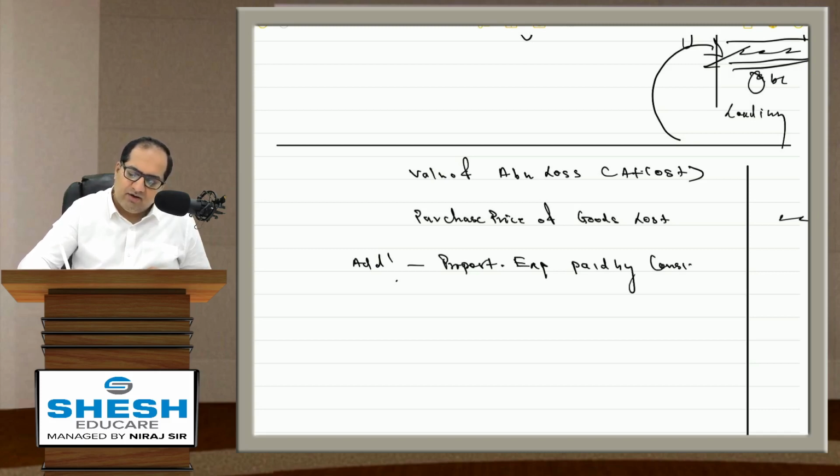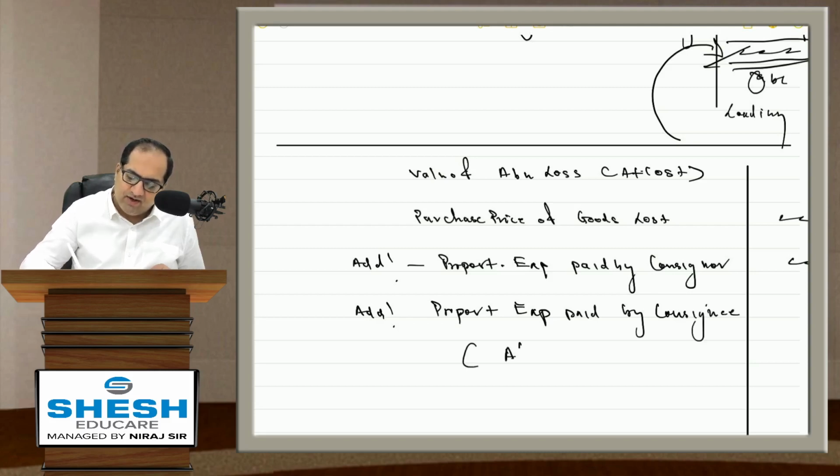Sir, you did not write non recurring. Exactly. It is understood and implied that whatever consignor pays is always non recurring. Add proportionate expenses paid by consignee. Sir, you did not specify here. I am specifying for both. Always say non recurring.